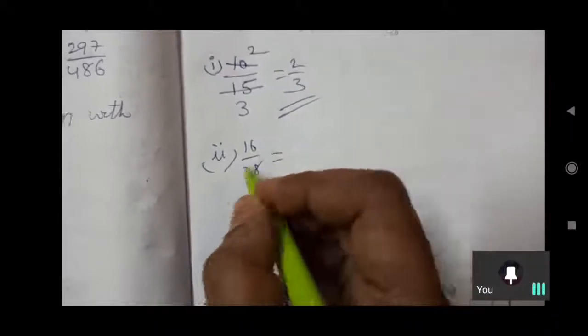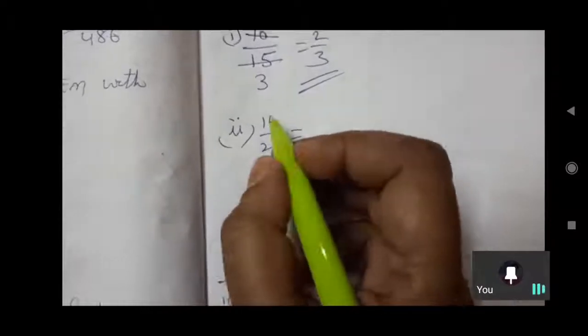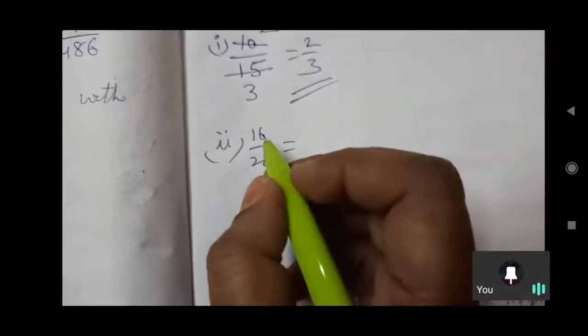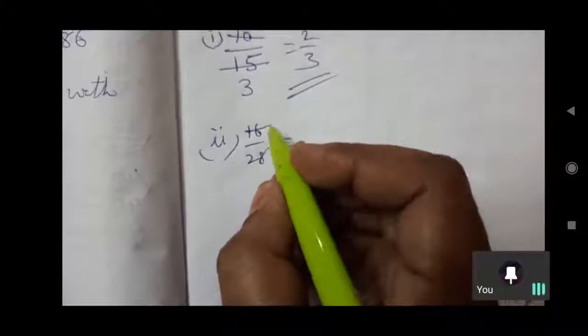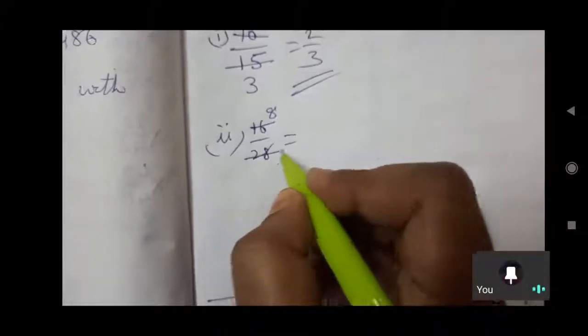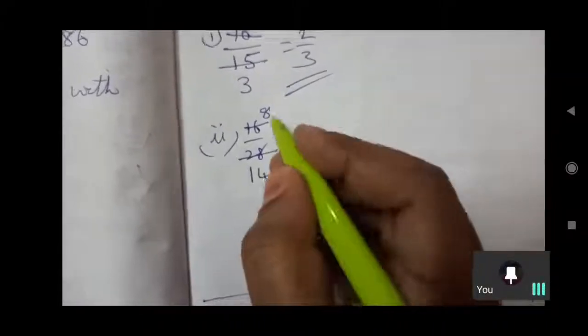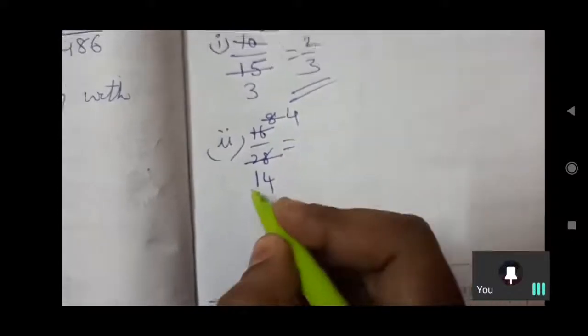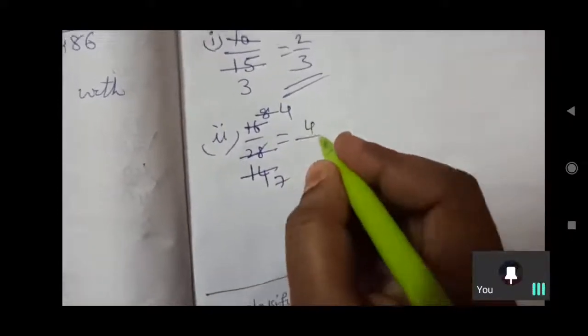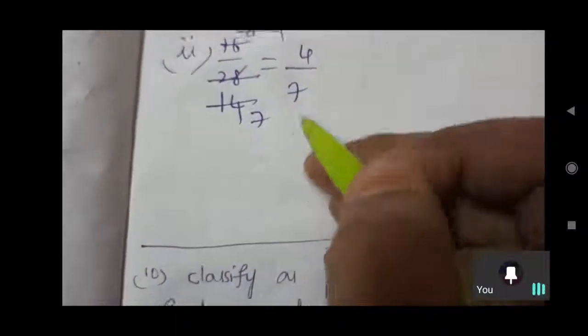How many times? 2 table we can, and 4 table also we can. First I am taking the 2 table. 2 8s are 16, 2 14s are 28. Again 2 table. 2 2s are 4, 2 7s are 14. 4 by 7. Is there any possibility to do again? No. So that's why we can leave it like that. So this is the simplest form of 16 by 28.